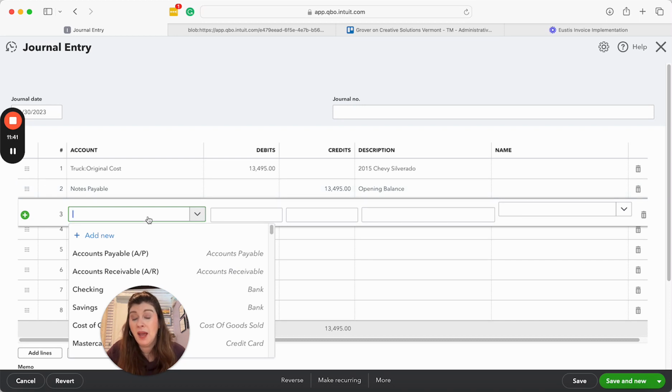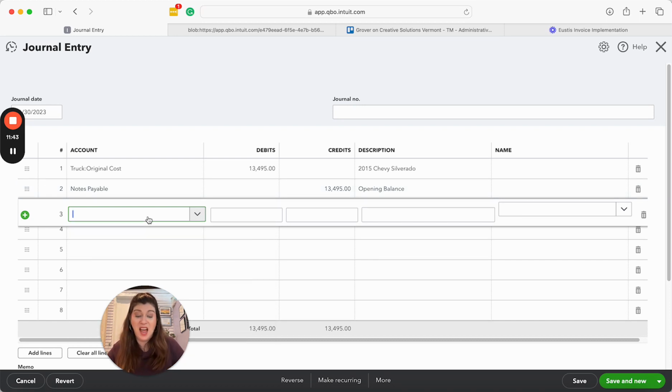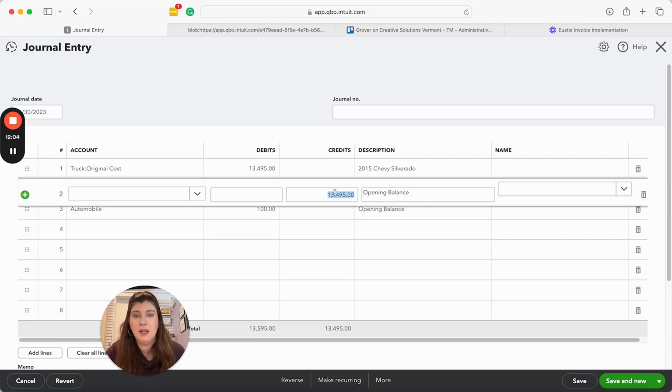They probably have wrapped in tax and registration, and that is part of the loan, but it's not part of the original cost of the truck. So we'll use the automobile expense that they have in there, and that goes on the expense side. Let's say that was $100. That means that the note payable is actually $100 more, and this is the truck loan.